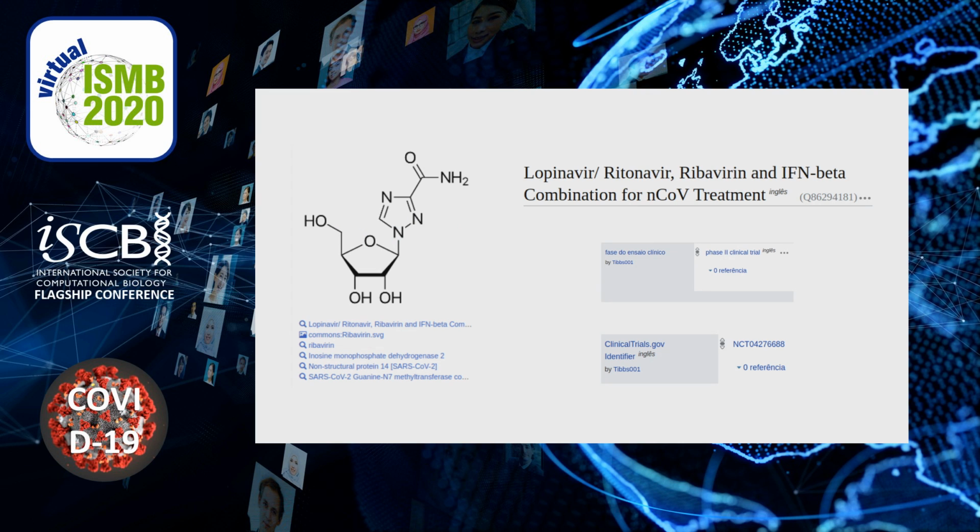And then we search, and then we find that ribavirin is in a clinical trial. It's in a phase 2 clinical trial, and this is the identifier. So very quickly, I could find something very complex integrating a lot of databases by just using SPARQL queries. And that's very cool.